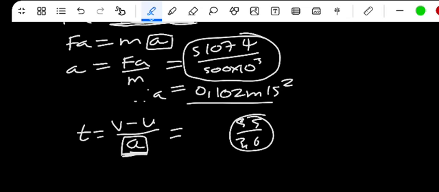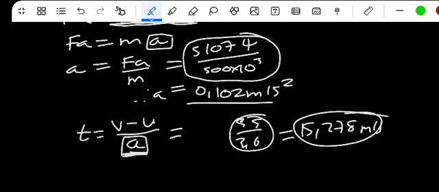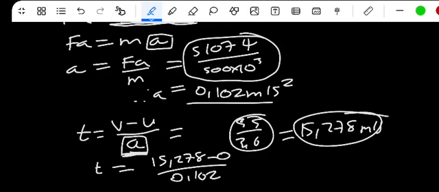You'll get this to be 15.278 meters per second. So that is what we have. T equals 15.278 minus 0, acceleration is 0.102.